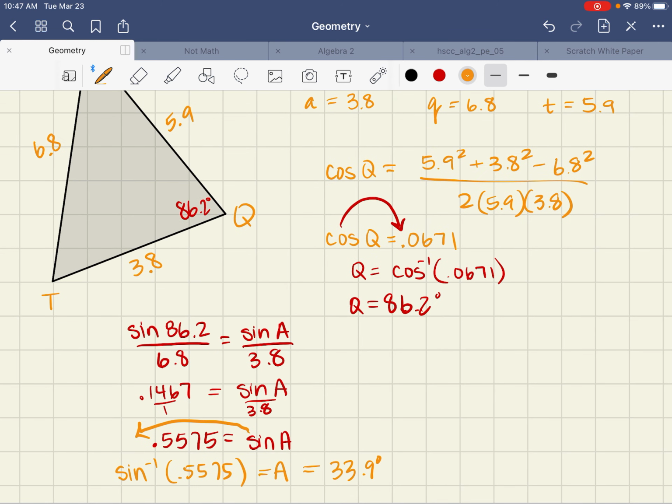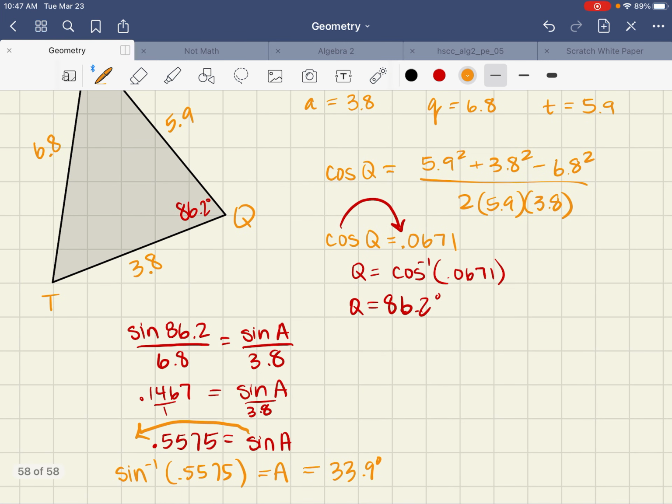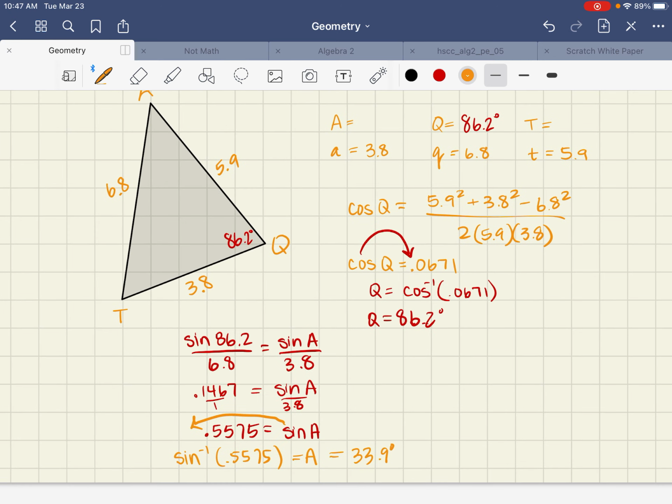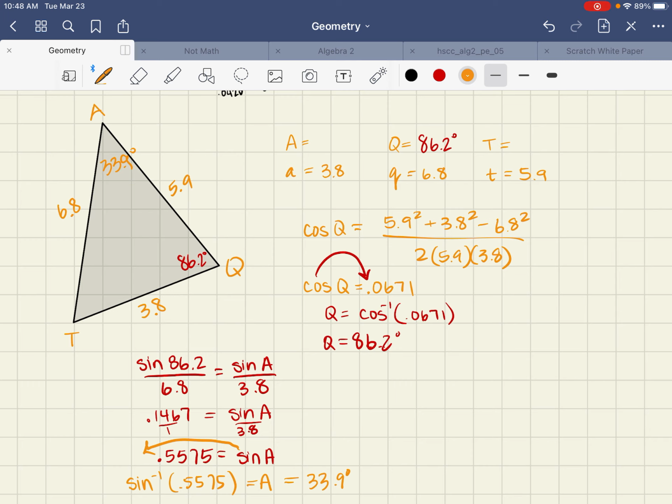All right, this is angle A. So in our triangle, we have 33.9.